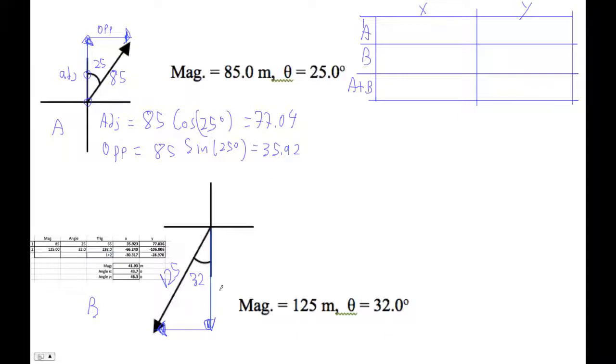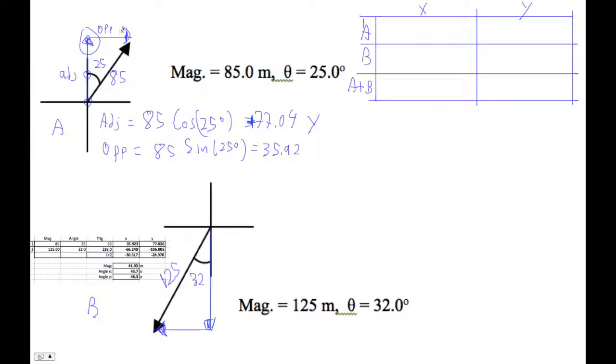All right. Now I'm going to go ahead and just fill in this little table here, right? My adjacent side goes up and down. So the next step, after you find the lengths of the sides, is to decide x and y, positive and negative, right? So this side goes up and down. So the adjacent side is definitely the y direction. Since it goes up, it's positive.